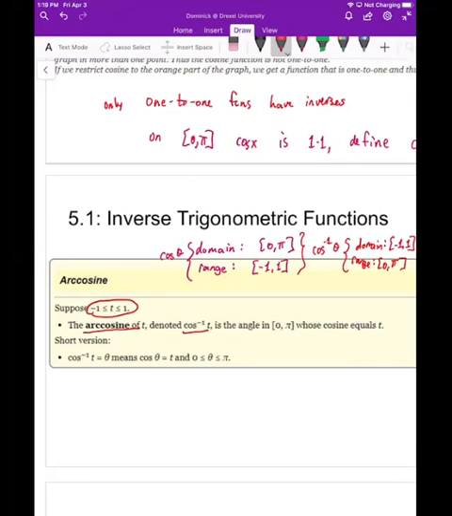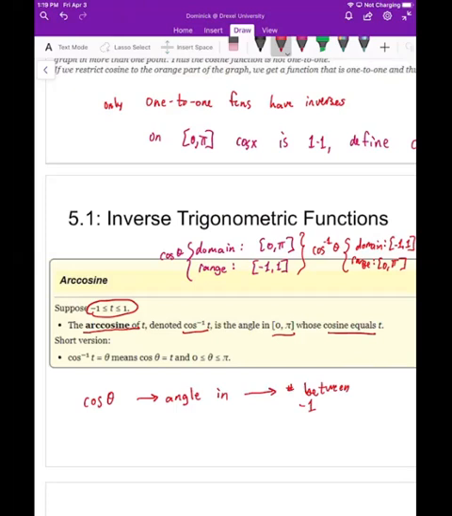And what's going to come out is the angle whose cosine would give you t, right? So it's going to be undoing this process, right? So for cosine, you have an angle going in, and you have a number between -1 and 1 come out.